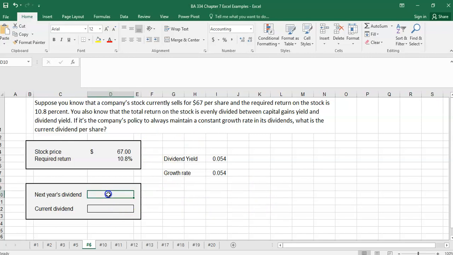So the next year's dividend is, we use the growth rate times the stock price to come up with next year's dividend. Then our current dividend is next year's dividend divided by one plus the growth rate.